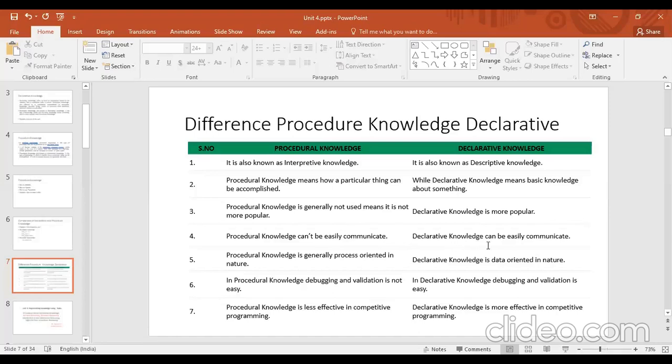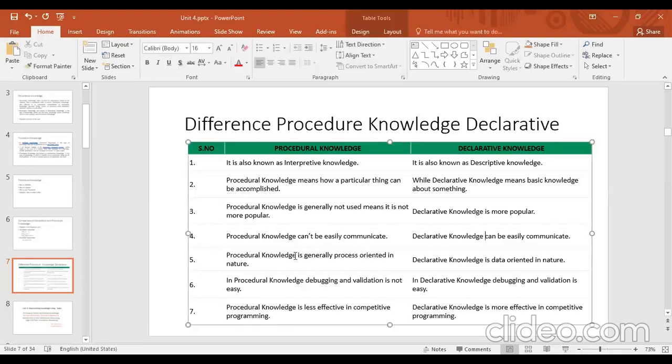And declarative knowledge can be easily communicated, because all the processes require the same rules and the same facts, so you can easily communicate. Now the fifth difference: procedure knowledge is generally process oriented in nature, and declarative knowledge is data oriented in nature, right? Because declarative knowledge is based on the information related to your problem or the facts of your problem.